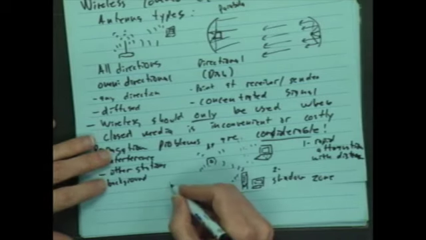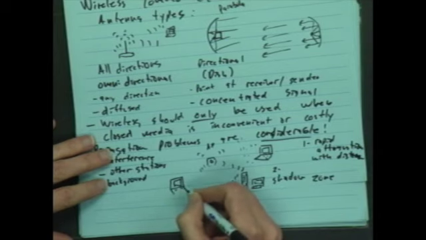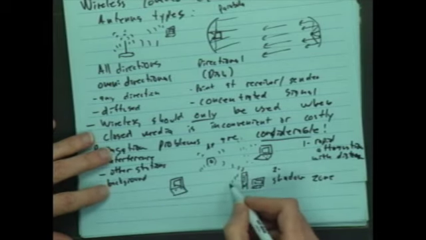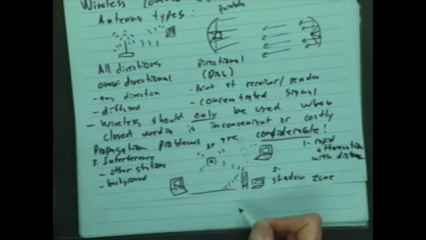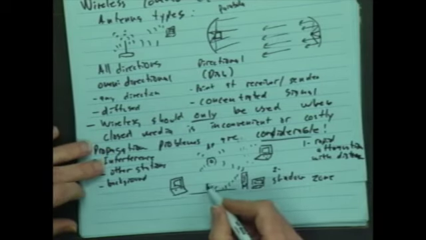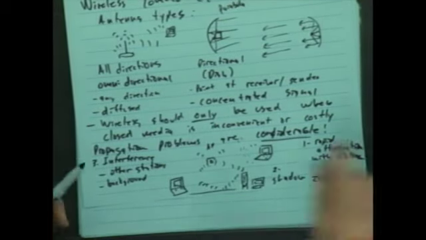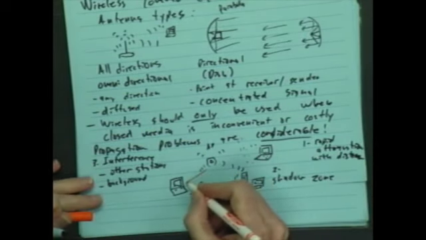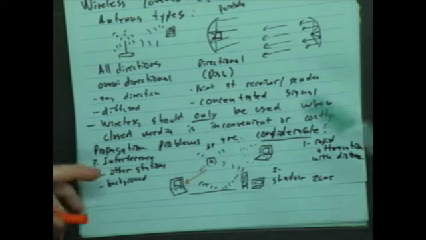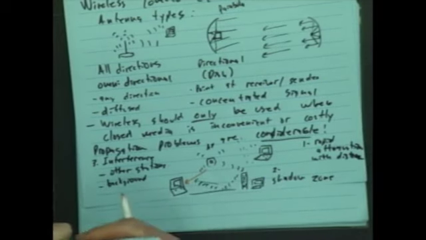All right, next one up is a really fun one. A signal can bounce off of things, and that means it can bounce off and bounce back. So we have this problem where there might be one part of the signal that hits me directly, and another part of the signal that hits me indirectly.